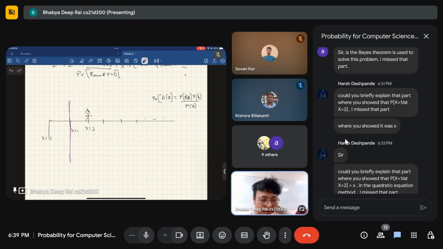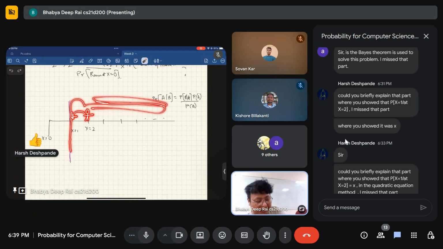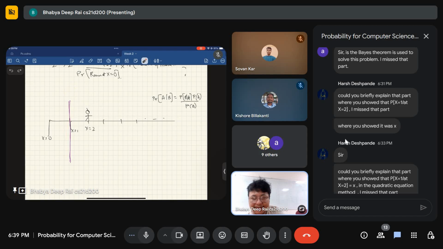Is that clear, Harsh? If Ramu starts at x equals 2, what is the probability that he reaches x equals 1? He could move in arbitrary ways, but what is the probability that he reaches x equals 1? But then I put this imaginary cliff, right. So it's the same thing because we are dealing with an infinite situation on the right.